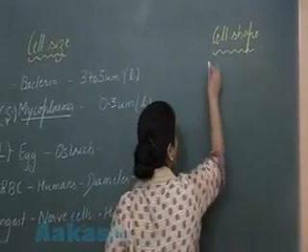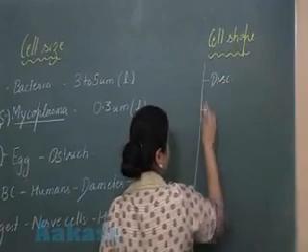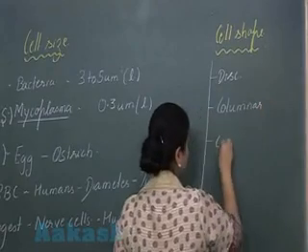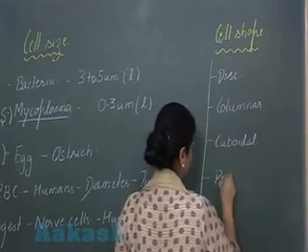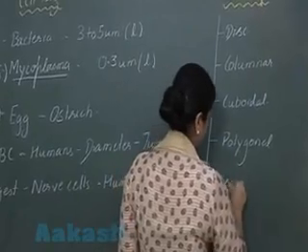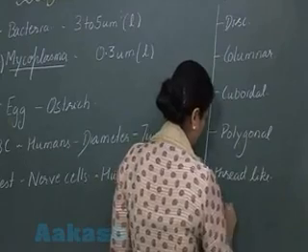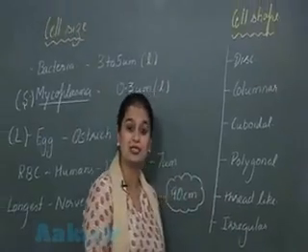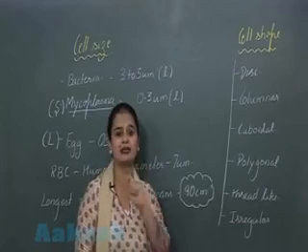The cells can be disc shape, columnar, cuboidal, polygonal, thread-like, or irregular.